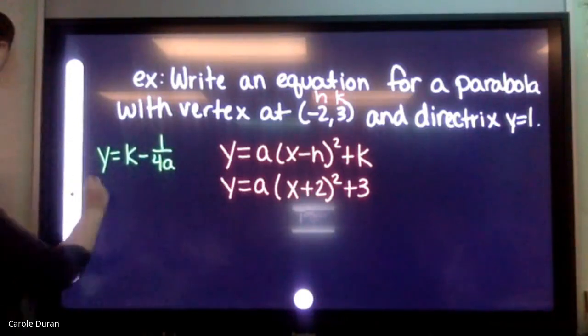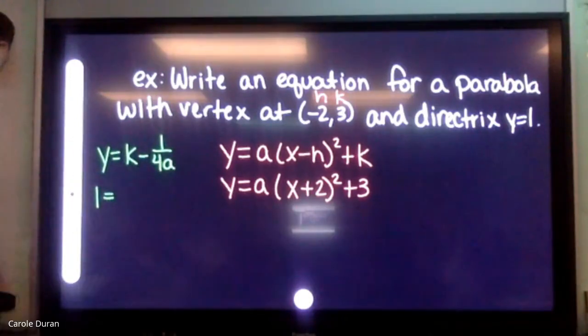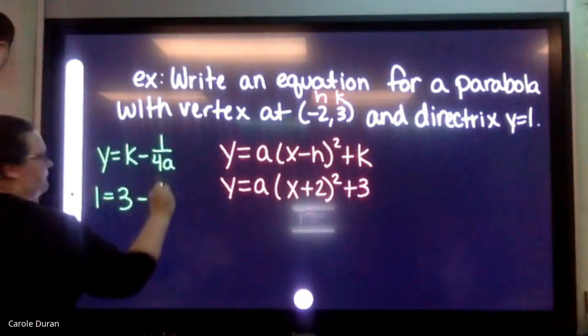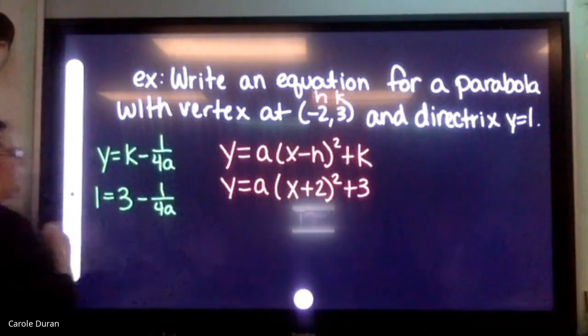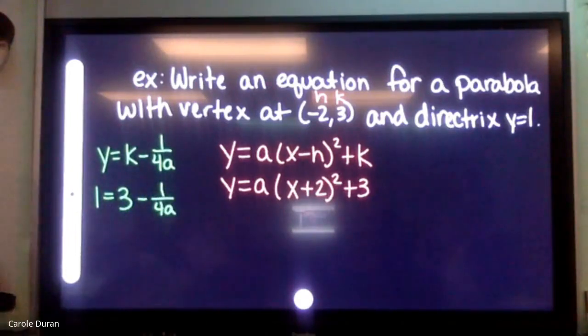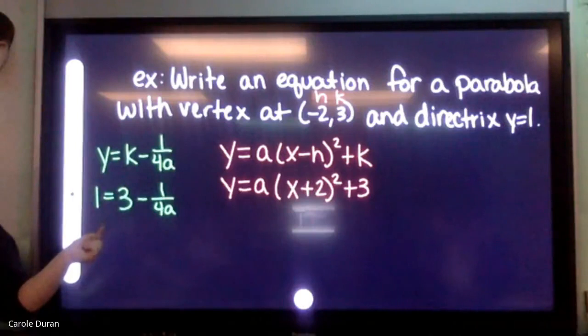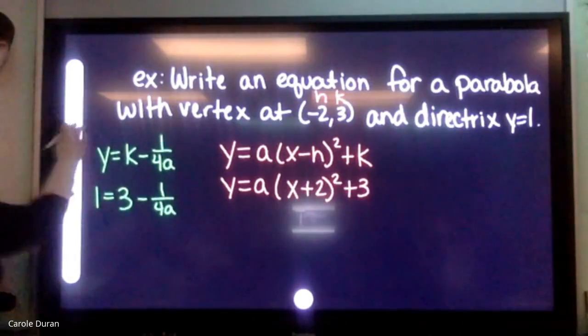I know that my y value here is 1 because that's what my directrix was equal to. I know that the k here is 3. And I know it was 3 minus 1 over 4a. So from here, I need to work backwards to identify what my a value is and solve for a. What is the first thing I should probably move here to get a by itself? The 3. How am I going to move it?